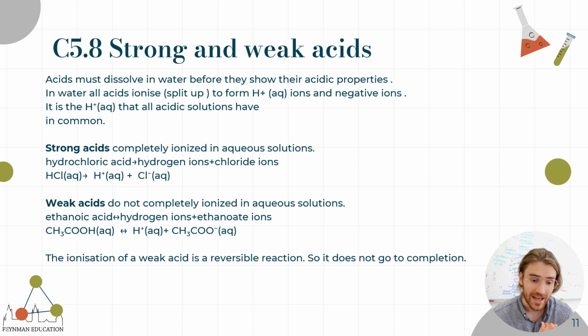Okay, whereas a weak acid is not going to completely ionize, and this is something like ethanoic acid, which we can see there still contains some hydrogens in the negative ion. Okay, so if all of these hydrogens were to come out, then it would be a strong acid, something like hydrogen chloride. Okay, and when it's a weak acid, it's usually going to be reversible, as we can see here.